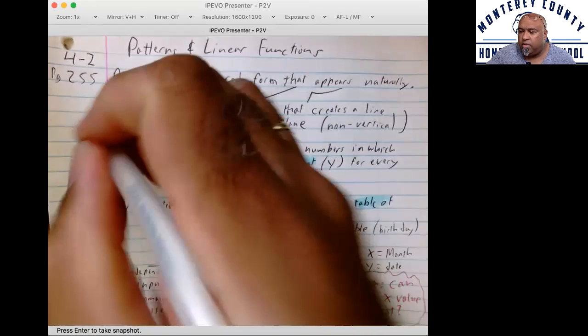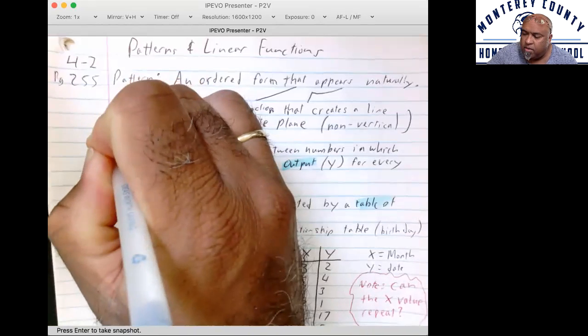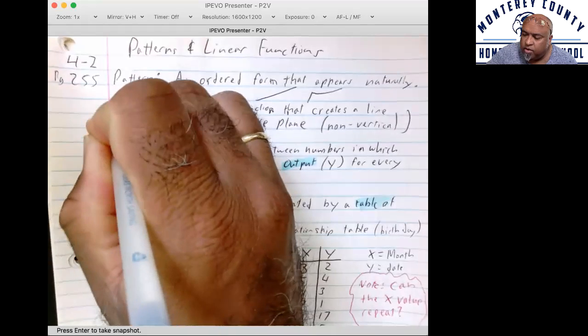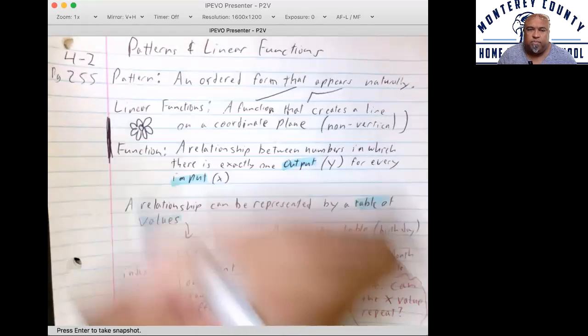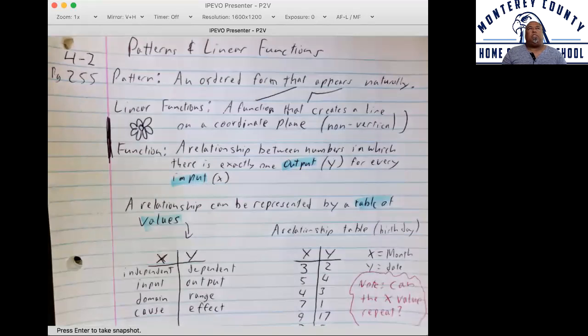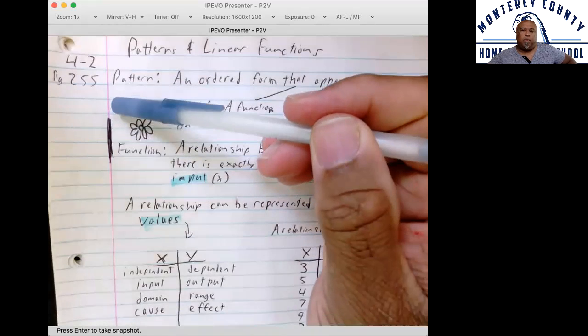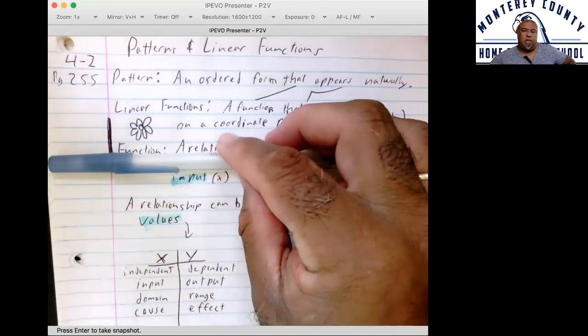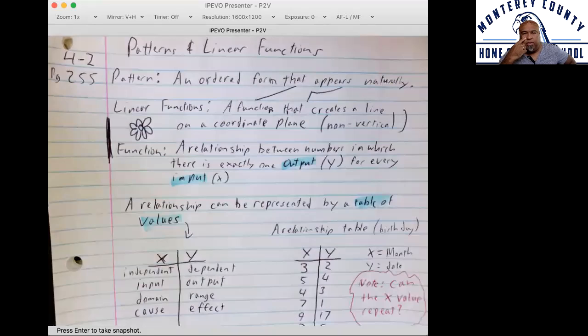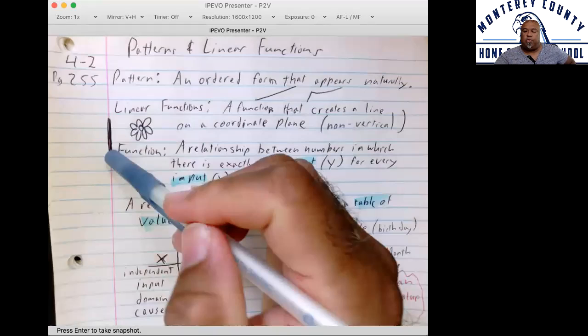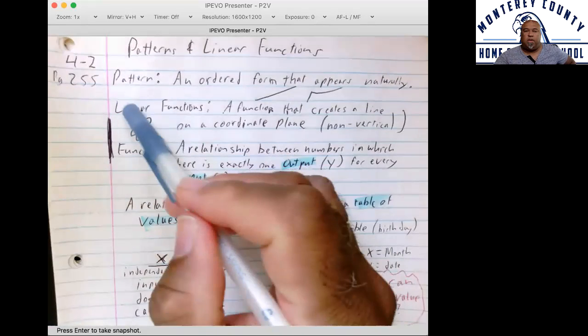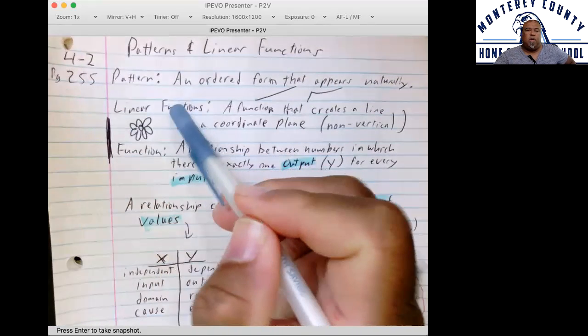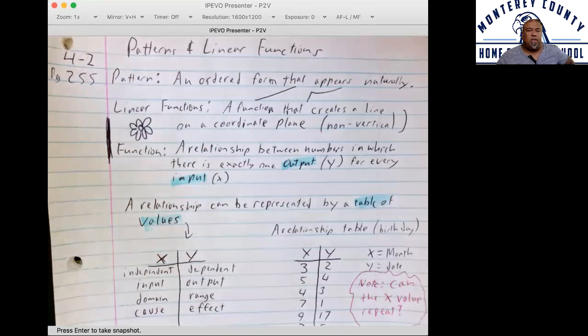Vertical simply means like this red line here that I'm coloring in, which goes straight up and down from top to bottom. If the line does not go straight up and down, perpendicular to a flat surface on the bottom, then it would be considered a linear function. If it does go straight up and down, it would still be linear, but it would not be considered a function. We can go into more detail on that in later lessons.